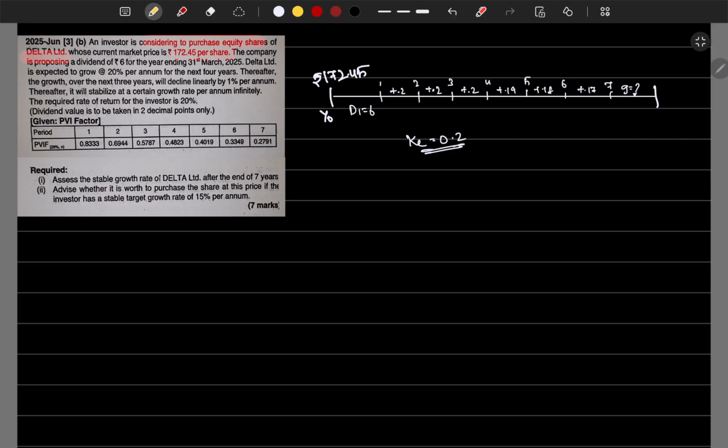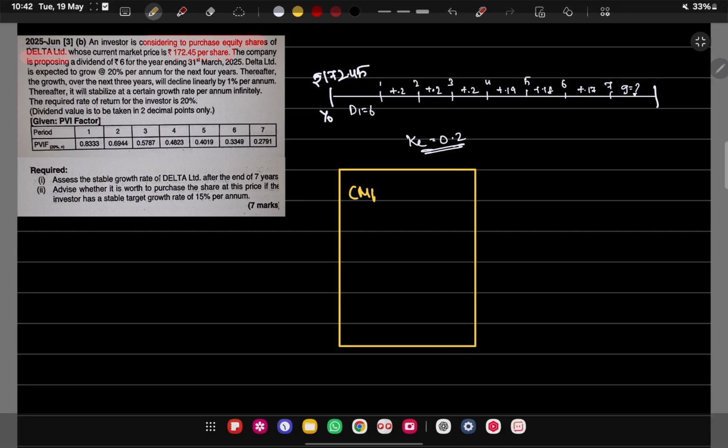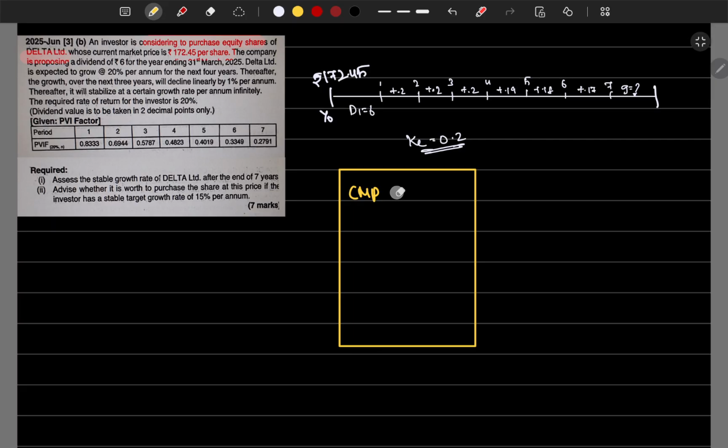Let's quickly prepare the table and fill in the values. The proposed dividend, meaning D1, is rupees 6, expected to grow.